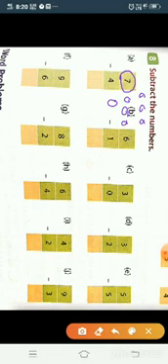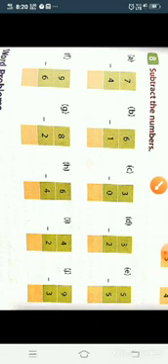We will cut 4 circles here. 1, 2, 3, 4. So how many are remaining? How many circles are left here? 1, 2 and 3. So the answer is 3. We will write 3 here. 7 minus 4 equals 3. Okay. Now we will see the next number.